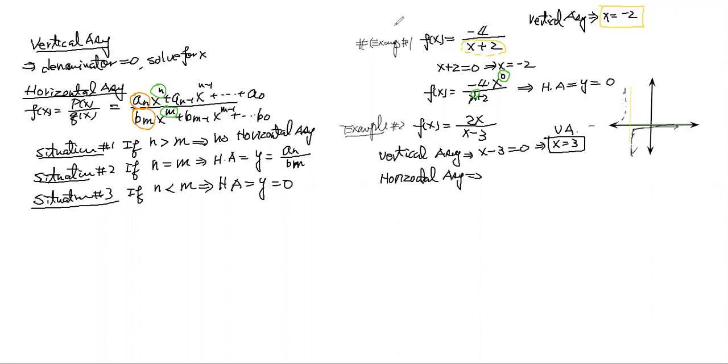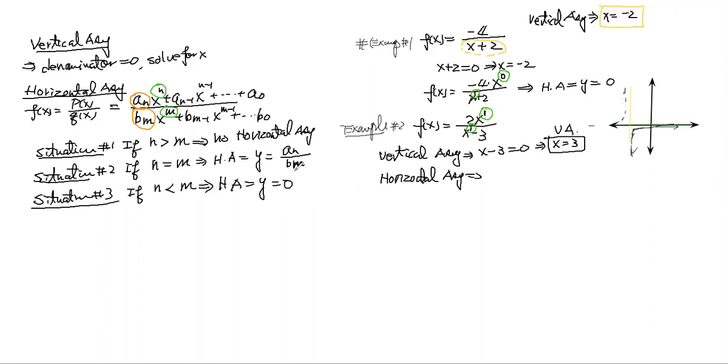Okay, now my horizontal asymptote. I'm comparing the highest degrees: 2x is x to the first power, and x minus 3 is also x to the first power. So they have the same degree.